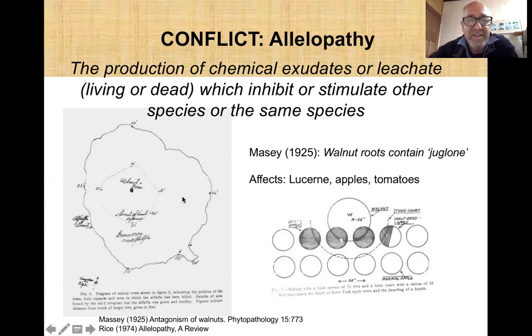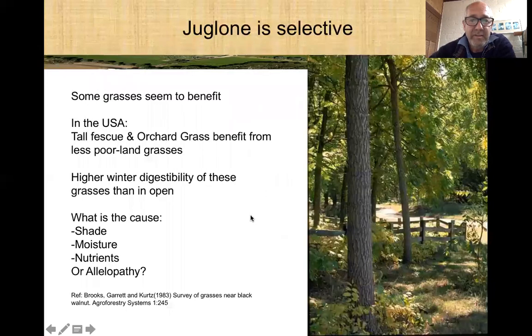which causes death to some plants. Not all plants. In some cases, you get very good grass production underneath walnut trees of plant species that aren't susceptible in some way. So this is just an example where combination is a total fail. If you want to grow lucerne and black walnuts, you separate the trees, and the same with apples and tomatoes and other things in the example.